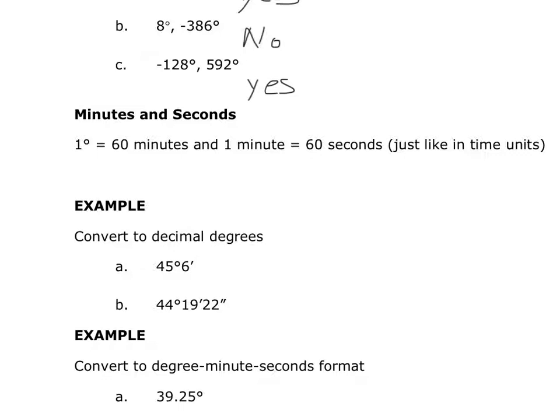So if we are asked to convert when it's already in degrees, minutes, seconds, say I have 321 degrees and 15 minutes and 31 seconds.